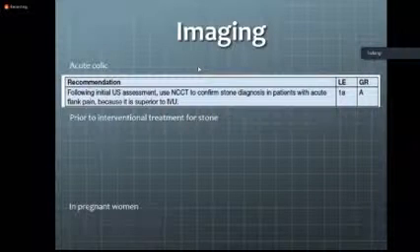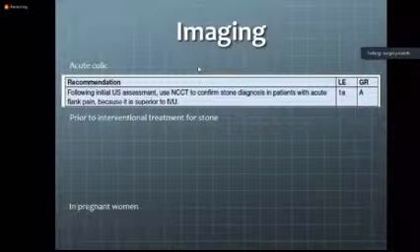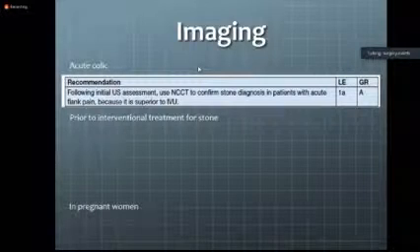Now, a non-contrast CT is superior to IVU. We all know that. Non-contrast CT in children, particularly in younger children, should better be done with radiation protocols. So these should preferably be done.